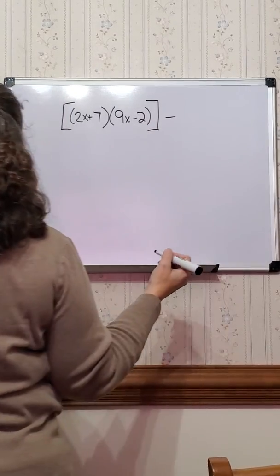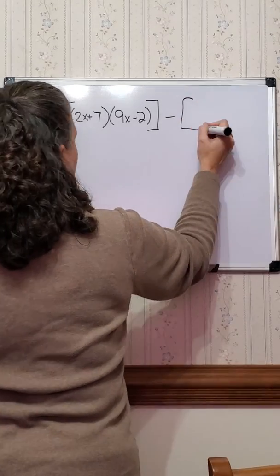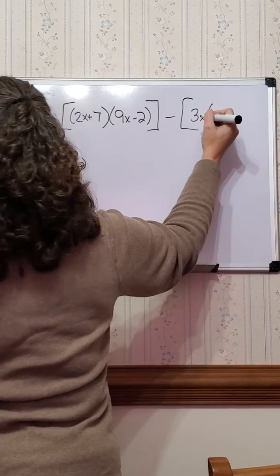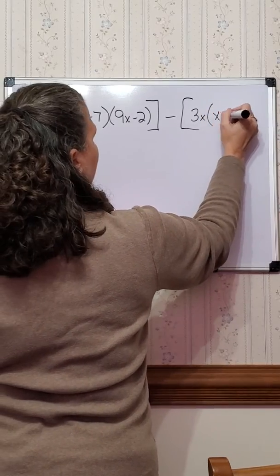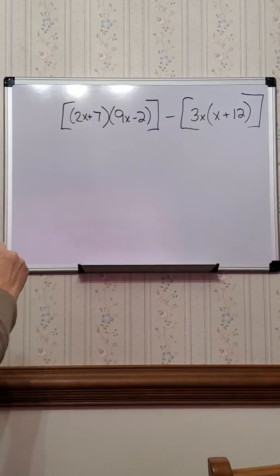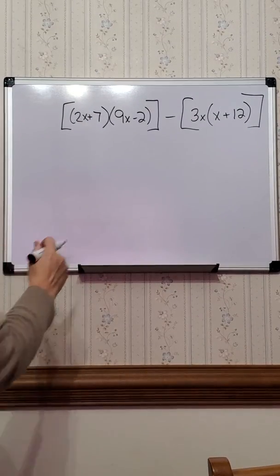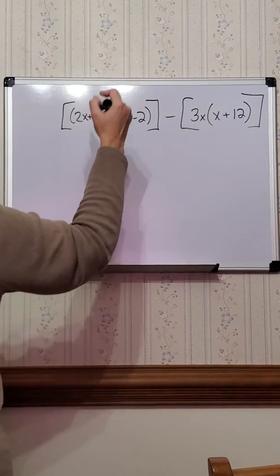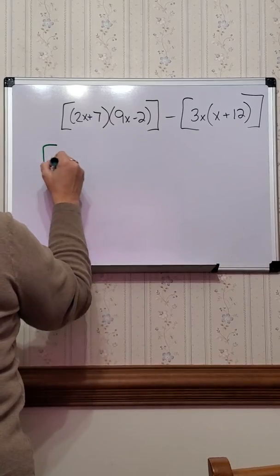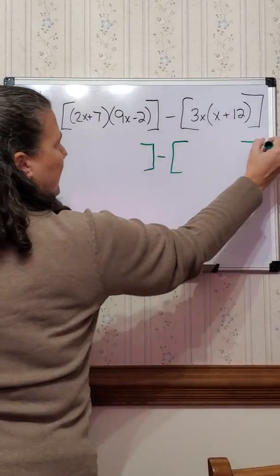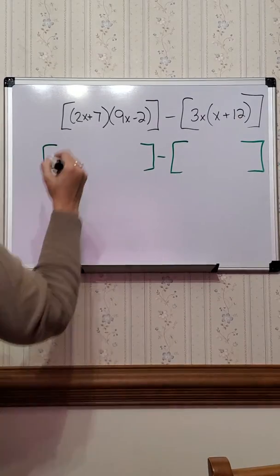And I am going to subtract my smaller shape, which is 3x times x plus 12. All right, so let's go ahead and work this out. First, we're going to use our FOIL method here. I'm going to go ahead and solve these and keep them in brackets as we solve them.